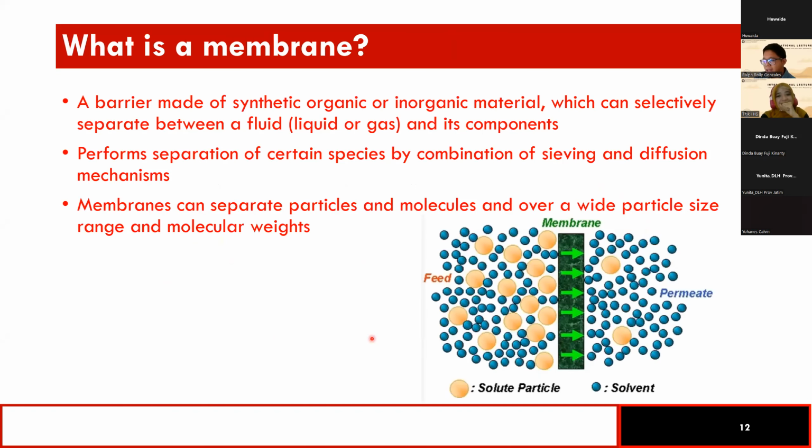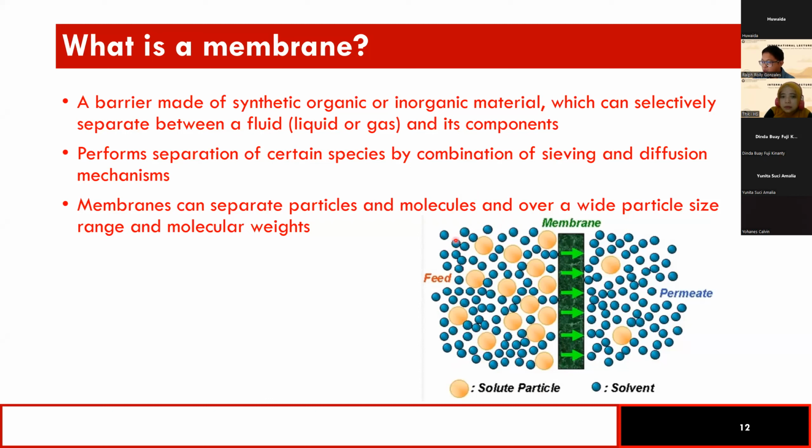Now, let me begin with the membrane technology part. So what is a membrane? So a membrane, this one, it's a barrier made of synthetic, organic, and inorganic material, which can selectively separate between a fluid, which is either liquid or gas, and its components. So we have here, this is the feed solution.